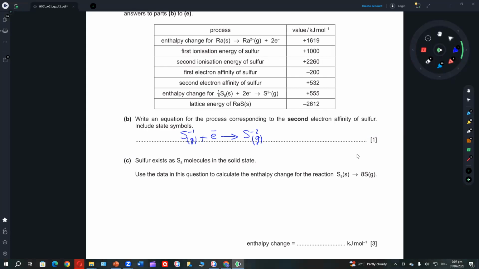Enthalpy change of second electron, then lattice enthalpy of radium sulfide. One thing is there, this is atomization. But we need to use data from this screen.